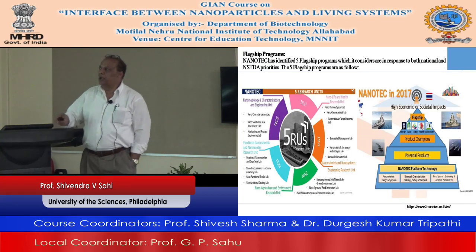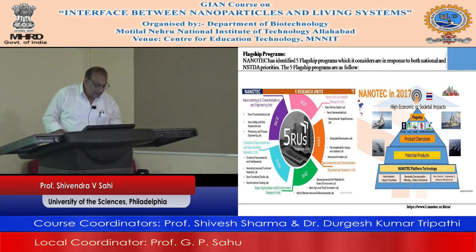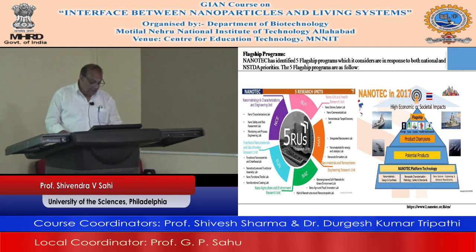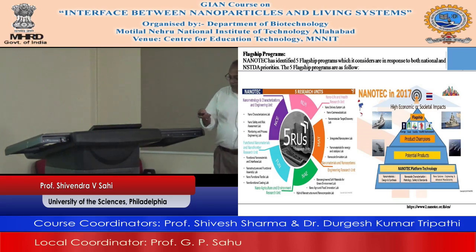If you look at here on the top, the Nanometrological and Characterization and Engineering Unit, Functional Nanomaterial and Nano Frontiers Research Unit, then Nano Agriculture and Environmental Research Unit, and then Nanomaterials and Nano System Engineering Research Unit, and then Nano Life and Health Research Unit. So there were 5 flagship areas developed, okay, and they are here.